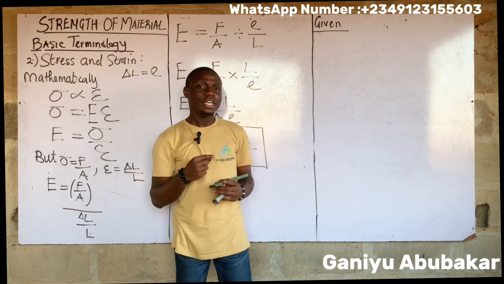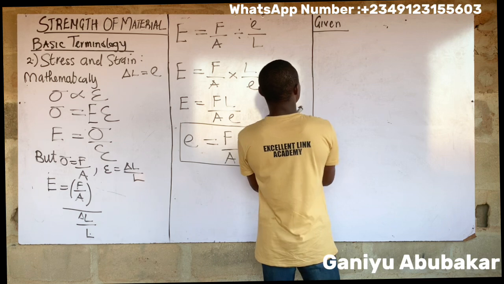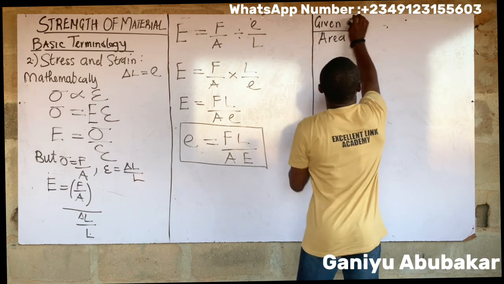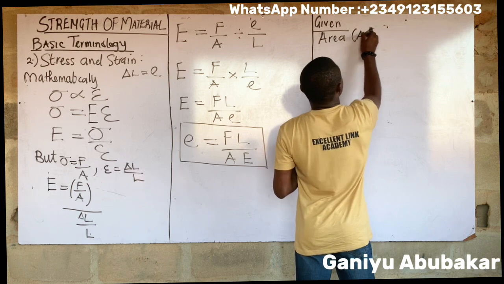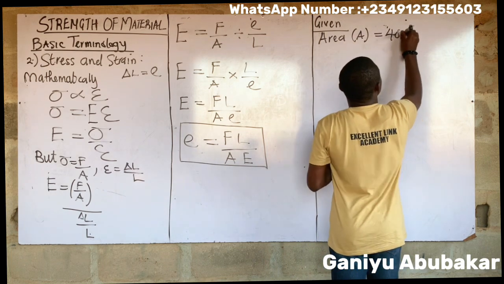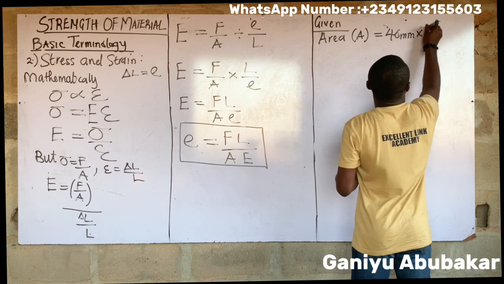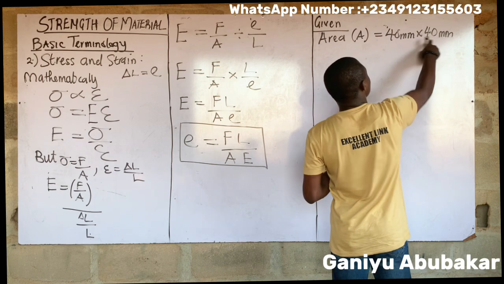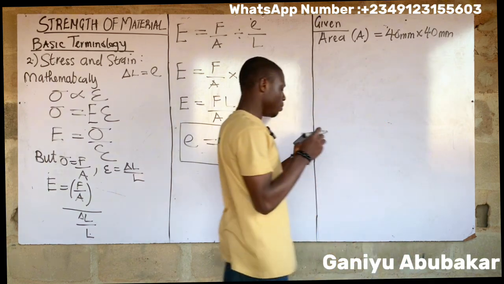So I'm having area A equal to 40 millimeter by 40 millimeter. Please, it's not 40 times 40, it's 40 by 40 millimeter.